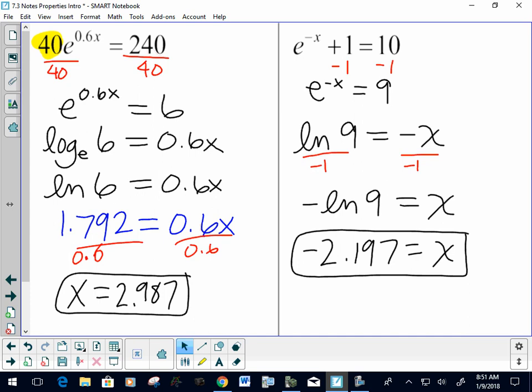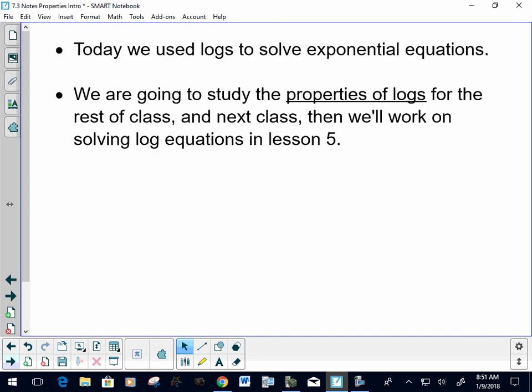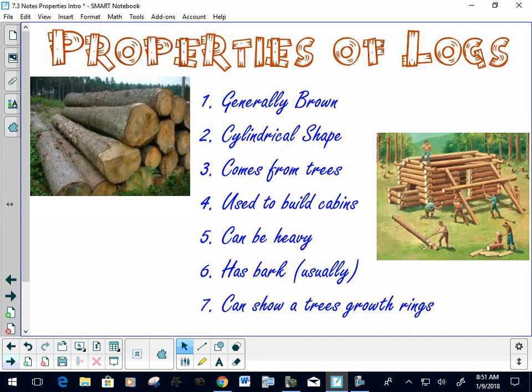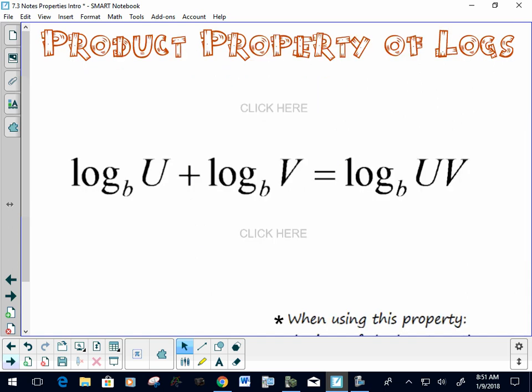We're now going to kind of switch gears, and again, we'll solve log equations later, but today we're focused on the exponentials. We're going to switch gears now and study the properties of logs because we need a few more tools for dealing with logarithms before we finish out our unit and before we start solving log equations. So we'll be talking about the properties of logs.